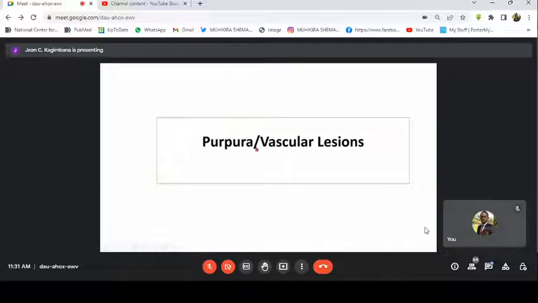Now, from this we go to purpura or vascular lesions, because sometimes on the skin we may have vessels, capillaries, or big vessels, like in varicose veins, prominent, or skin regions made of vascular components.